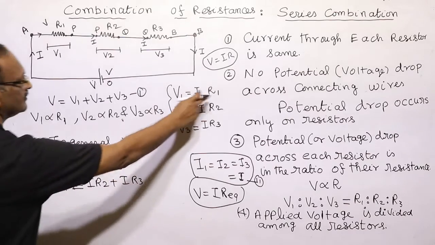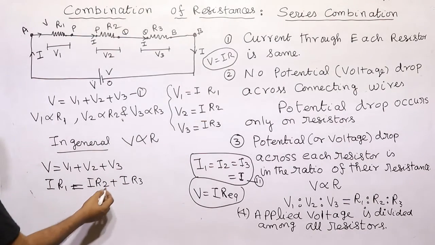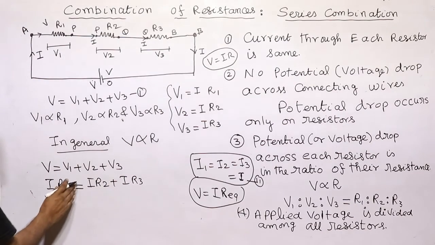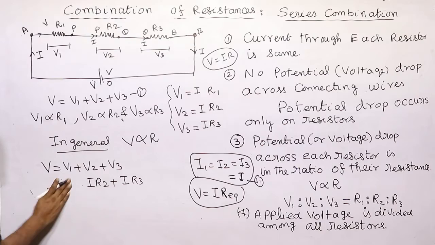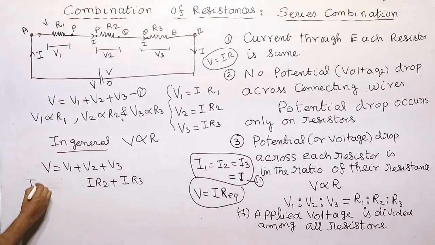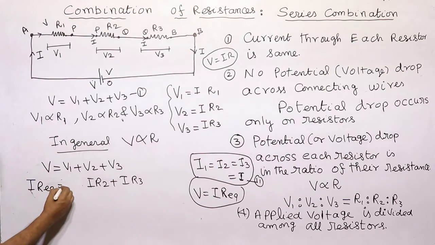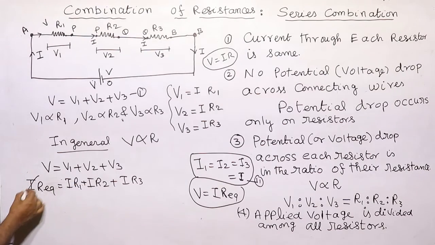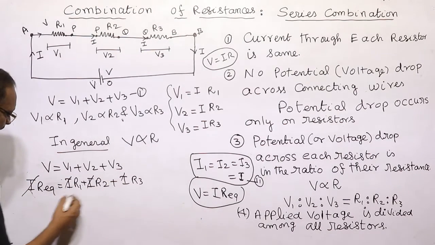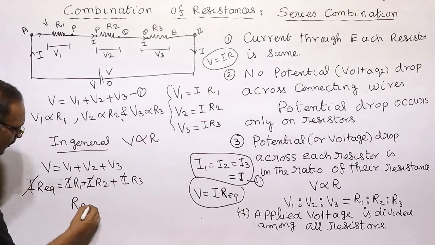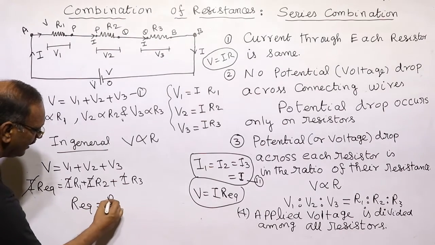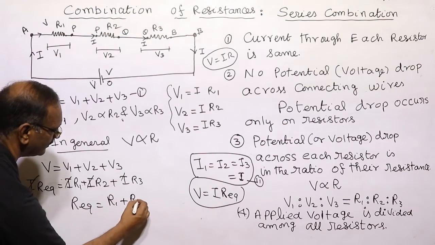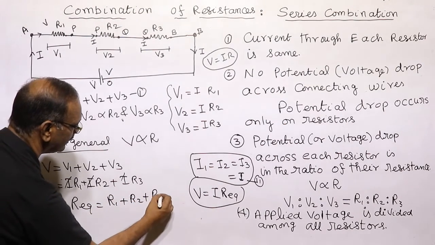Since I is common, I into R equivalent is equal to I into (R1 plus R2 plus R3). Cancelling the common I, R equivalent is equal to R1 plus R2 plus R3.